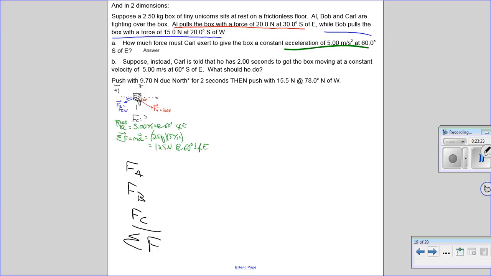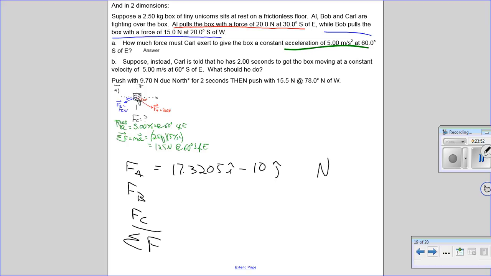So, for example, Al pulls a box with a force of 20 newtons at 30 degrees south of east. So I'm just going to do my trig, use cosine and sine, and find the components. Good? Repeat the process for B, and for the net force. I'll just show you the results. Force A, in unit vector notation, and I kept a lot of extra digits so that I can round at the end, is 17.3205 i minus exactly 10 j, all in newtons.